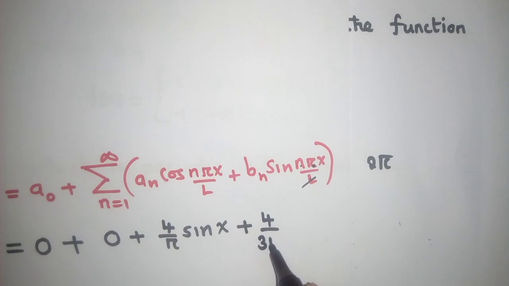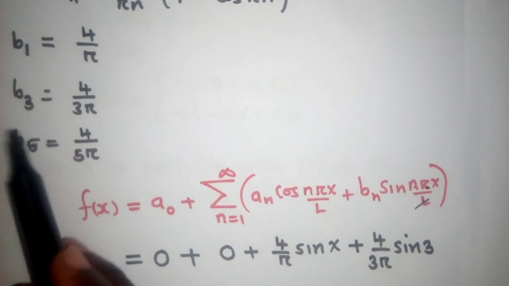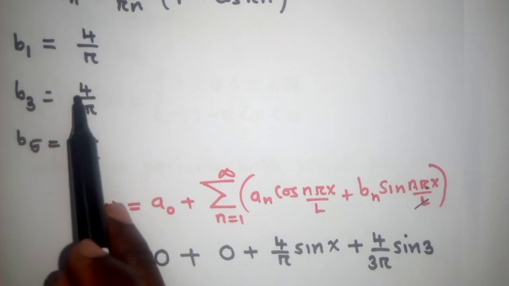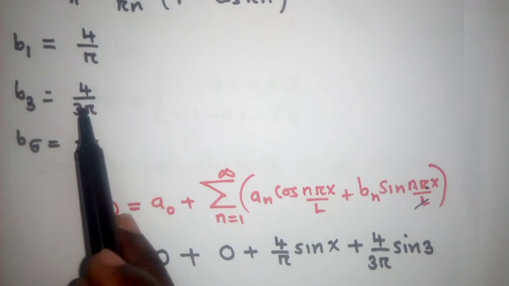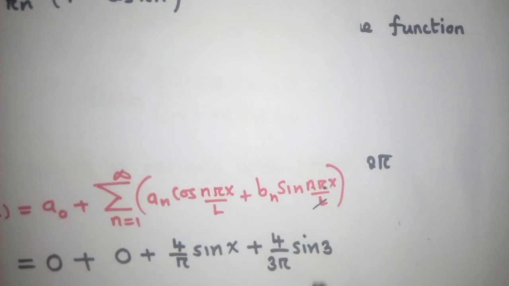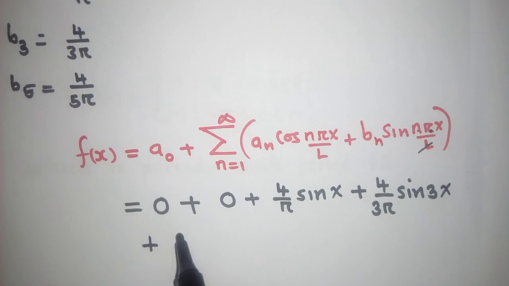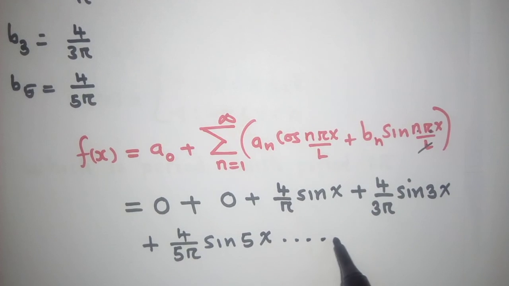Our next is this. We have sine. This time around at n we put a 3, because when n is equal to 3, our coefficient will be 4 over 3 pi. So meaning our n is a 3. This is the n, x, plus this one will say 4 over 5 pi sine 5x, and so on and so forth.